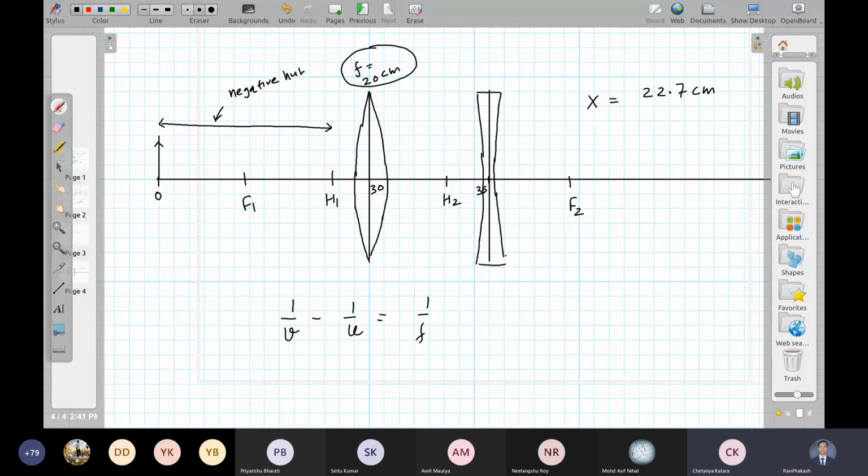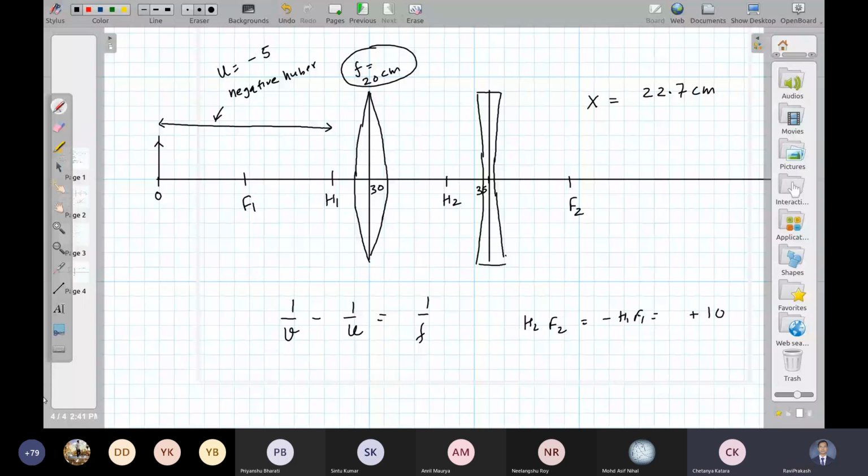So this is U. Let us say this U is equal to -5. Let us say H2 F2 is equal to minus H1 F1 is equal to, let me assume, +10.